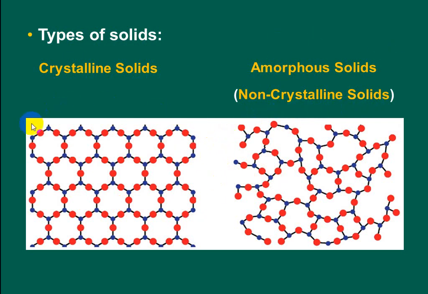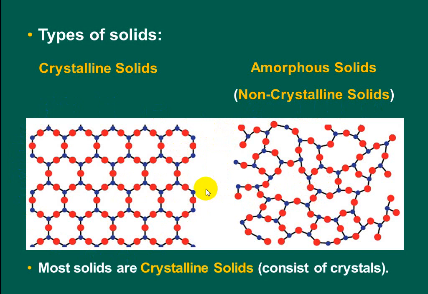As you can see, what's the difference between the two types of solids, the crystalline solids and amorphous solids? In crystalline solids, the particles are arranged in a certain pattern and take a certain shape, while in amorphous solids, the particles are not arranged.